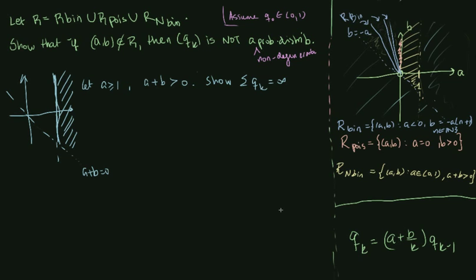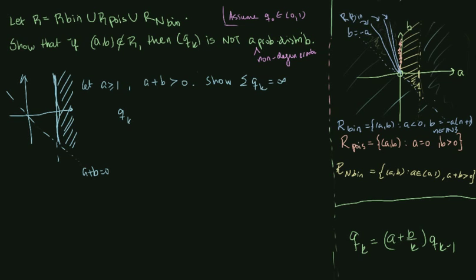The reason why we can guess this without calculations is because if you let A be greater than 1, and you let B be given such that A plus B is greater than 0, then more or less this term will let the QKs be growing, right? You can imagine at least that on this quadrant, the QKs will just be strictly growing all the time. And as soon as that happens, we know that we can in no way make the QK sum to something finite. So that's the intuition.